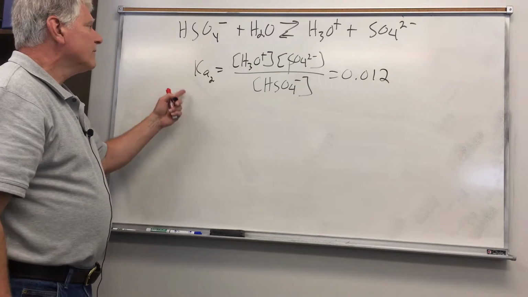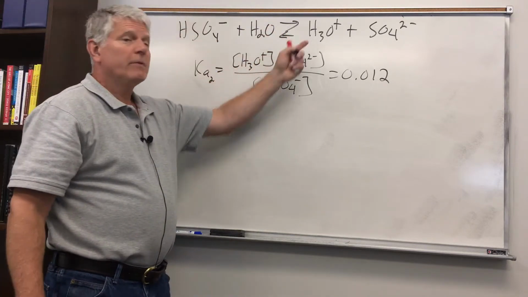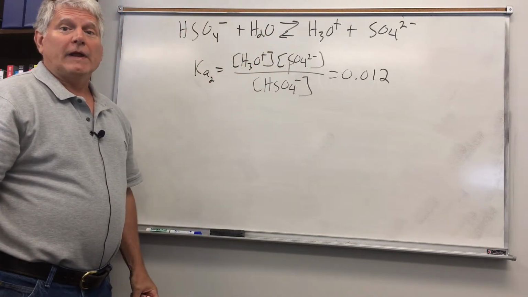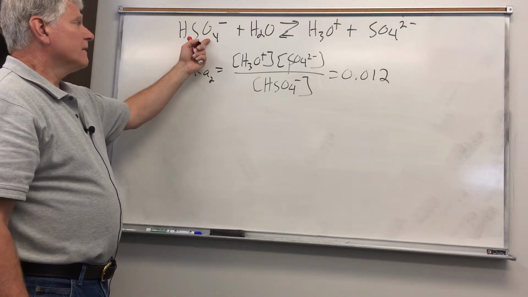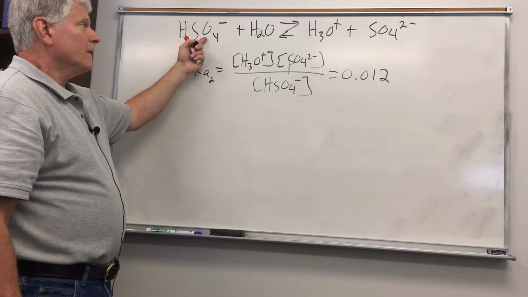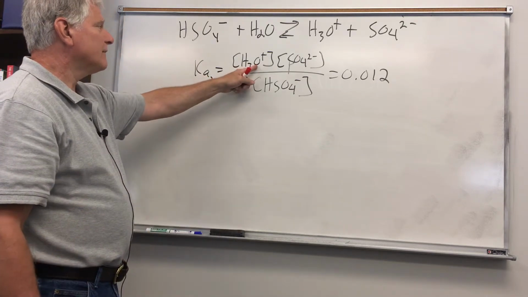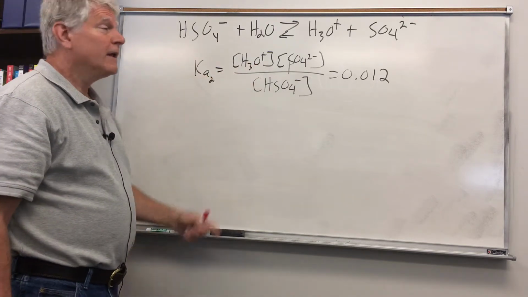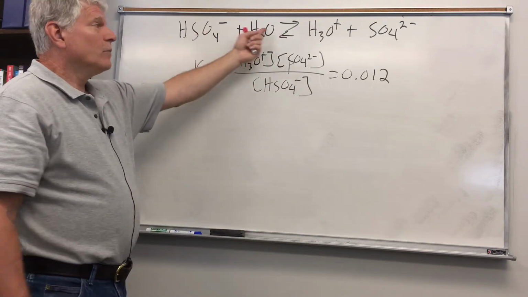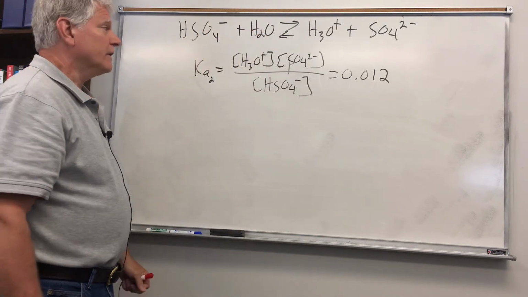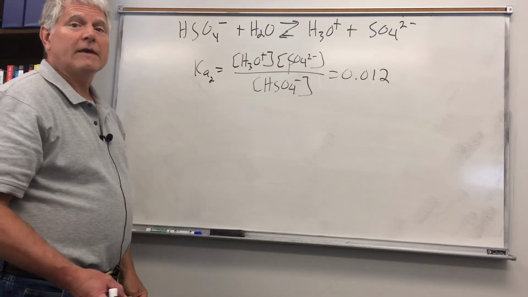Well, let's pretend for a minute that there's no H3O+ coming from the first reaction. Let's just pretend that this is by itself. So we're just going to see how much H3O+ would be formed if this reaction was the only one in solution, and then compare it to what actually happens.